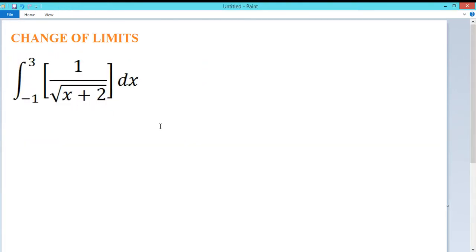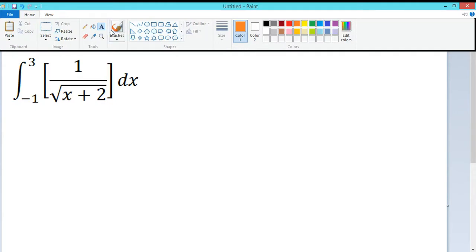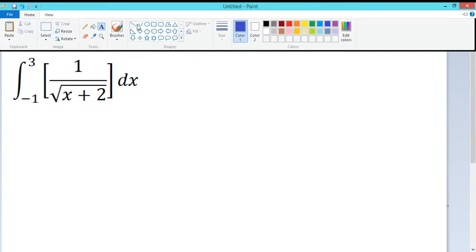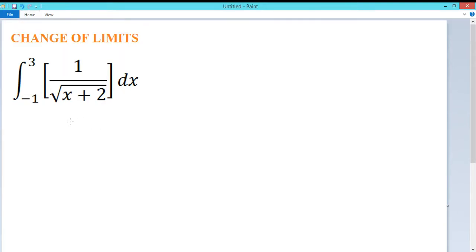We are supposed to find the integration of this function given the upper and lower limit. We are still going to apply substitution. At a point in time, we are going to change the value of these limits. Now, as we learned earlier on, if I want to apply the substitution approach, I will let another variable equal what is under the radical sign.